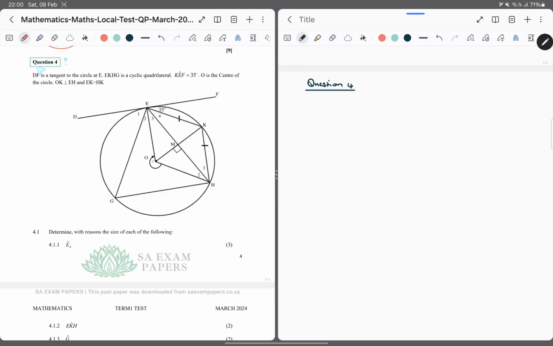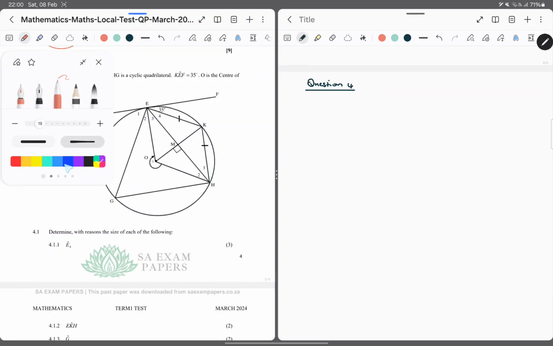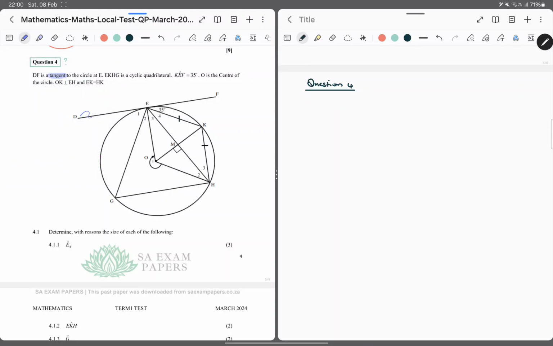Anyway, let's read. DF is a tangent. Once we hear the word tangent, it means we can annotate. Now, I always try, guys, to do this so that I can differentiate.